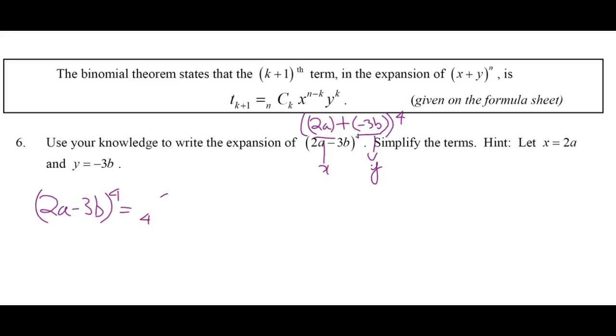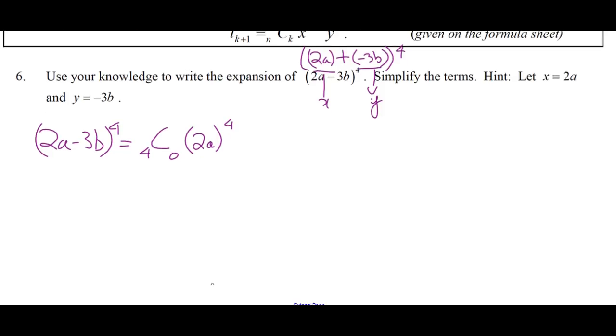is equal to 4 choose 0, 2a. Make sure you put it in parentheses, because it's 2a that's being raised to the 4th. It's not 2a to the 4th. Don't write this. It's the quantity 2a. Plus 4 choose 1. So this is my x. I would normally write 4 choose 0 x to the 4th.